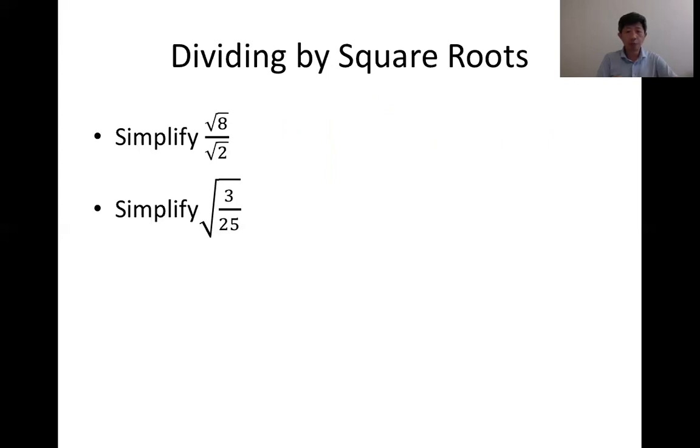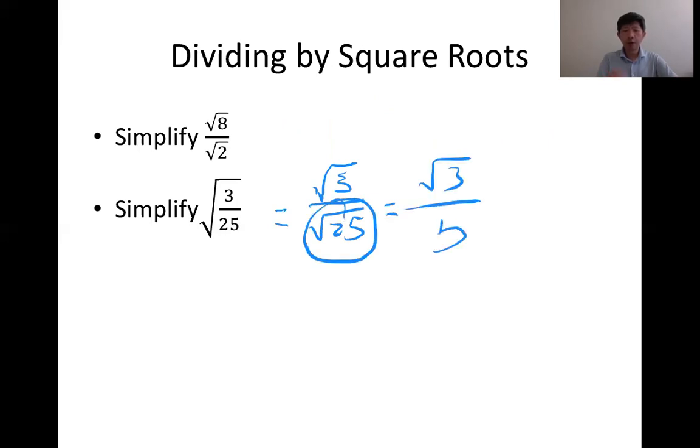Next problem, simplify this. Square root of 3 over 25. So can we change this as square root of 3 over square root of 25? Now square root of 3, and I know square root of 25 is 5, right? So that would be the final answer, right? Okay.